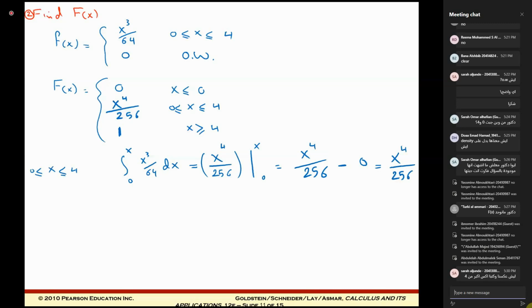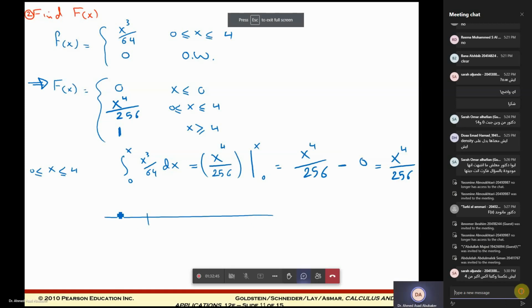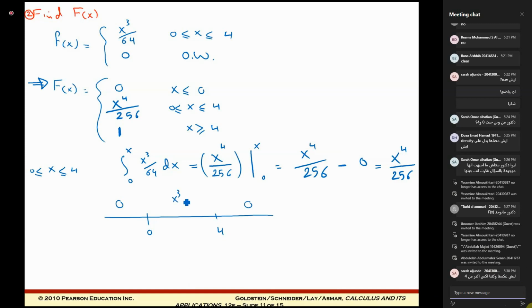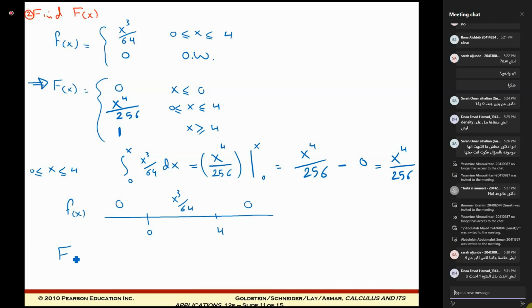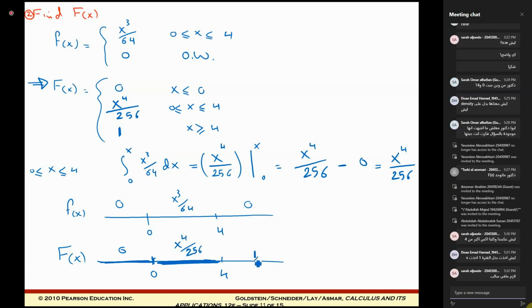هنا بنوجد اف كابيتال يا سارة. اف كابيتال بينقسم، يعني اف سمول احنا بنعرف انه من 0 ل 4 هنا 0 هنا 0 وهنا x to the power 3 over 64 صح؟ هذا اف سمول. لكن اف كابيتال ل x، يعني اذا كانت الاكس اقل 0، اذا كانت هنا بالتكامل طلع x to the power 4 over 256. لكن إذا كانت هون الإكس، يعني بدنا نكمل من minus infinity لهذه القيمة.